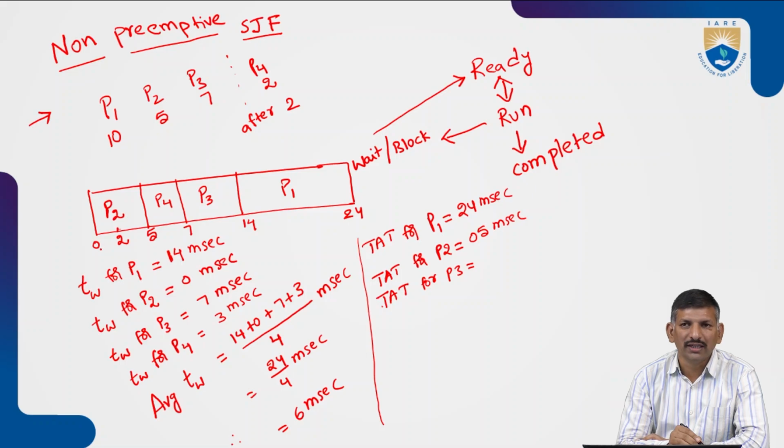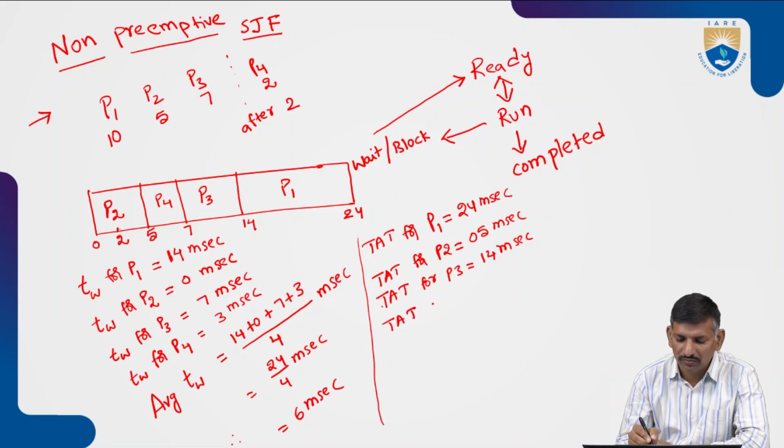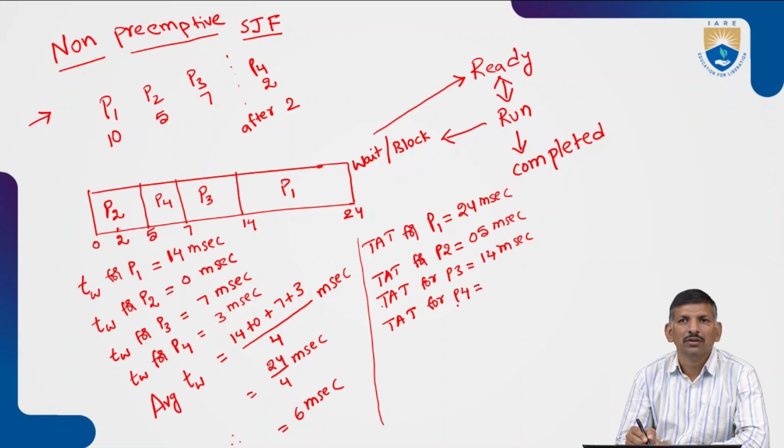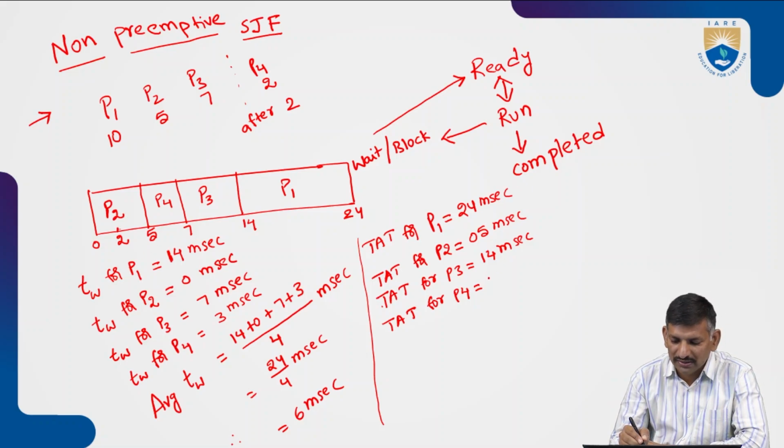P3 entered into the ready state at the time of 0 and its execution is completed at the 14th millisecond. So total time is 14 milliseconds. Similarly, for process P4, P4 enters into the ready state at the 2nd millisecond and its execution is completed at the 7th millisecond. So the turnaround time is 5 milliseconds.